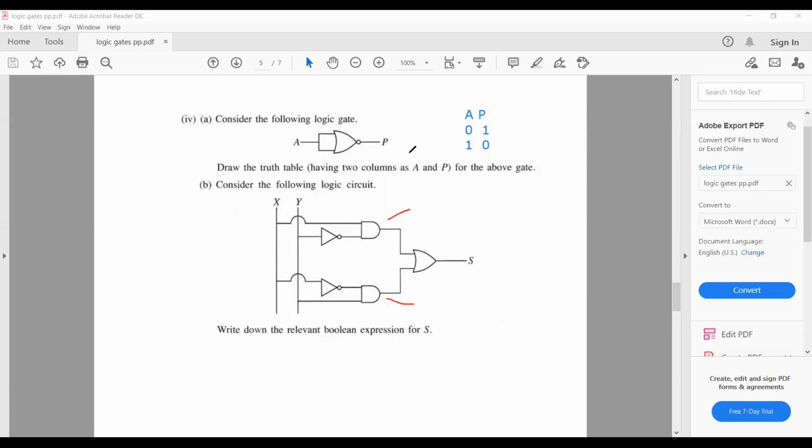That means you can write the answer as x dot y dash plus x dash dot y. So this is your answer.